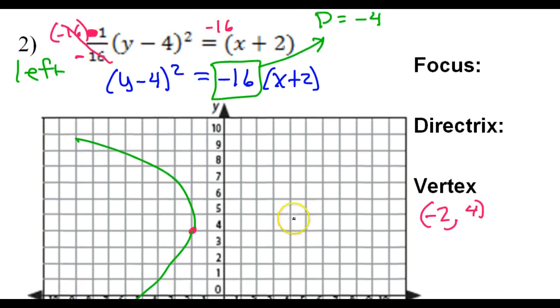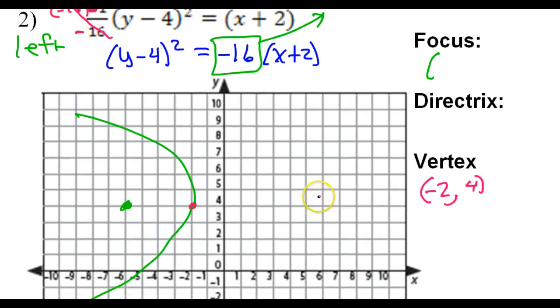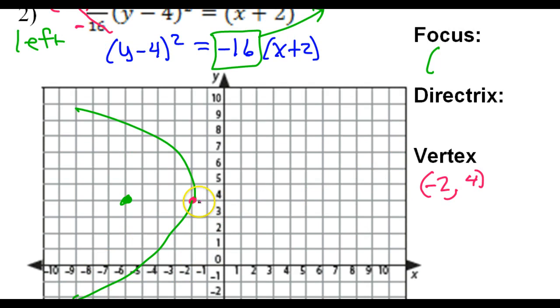That tells us where to put the focus. All right, we knew it was going to the left. Now we know to go 4 to the left of the vertex. 1, 2, 3, 4. So there's my focus. All right, which is, let's see, negative 6, comma 4.